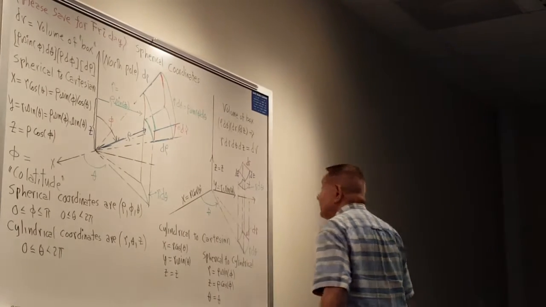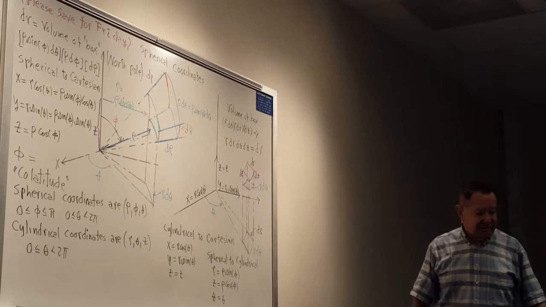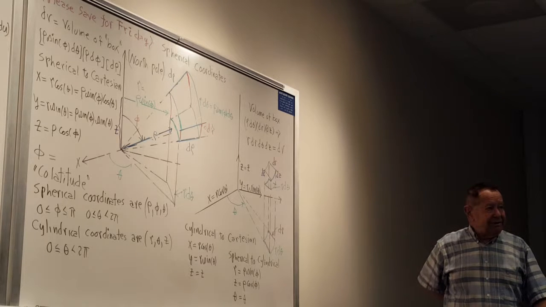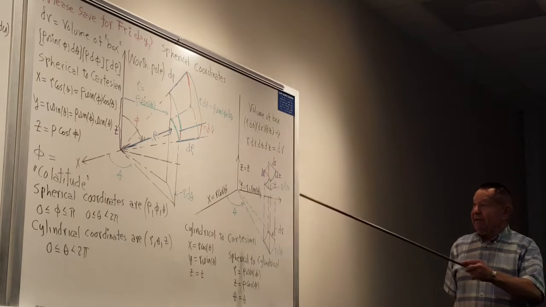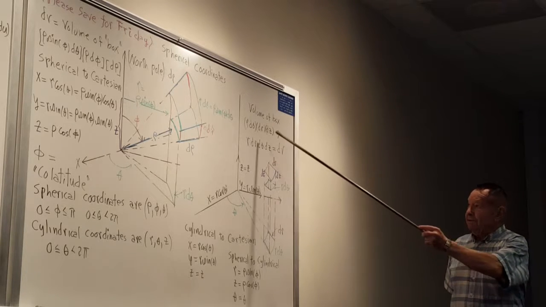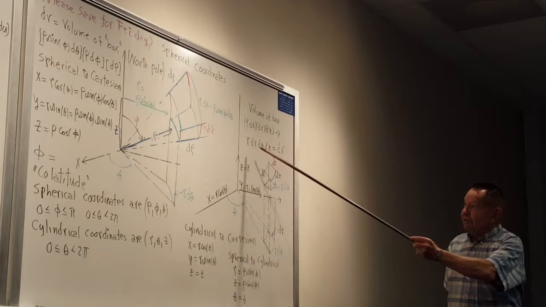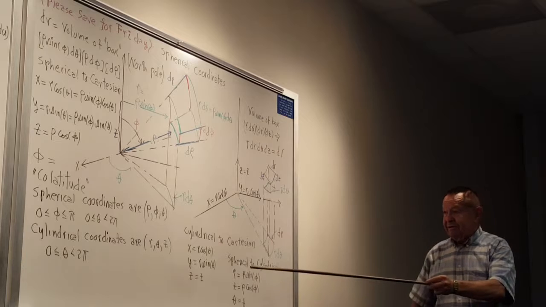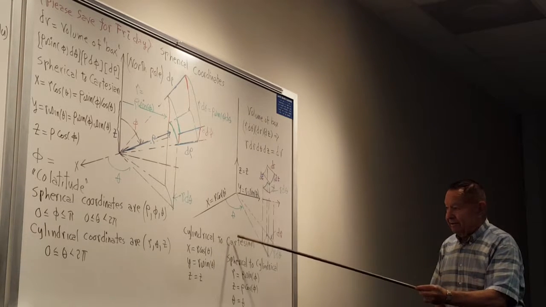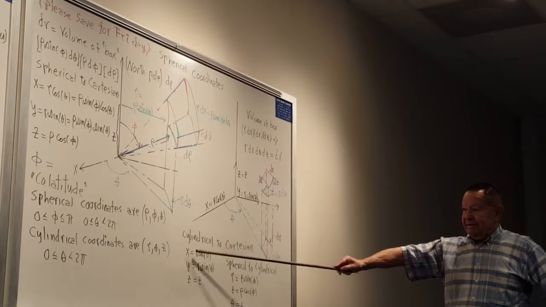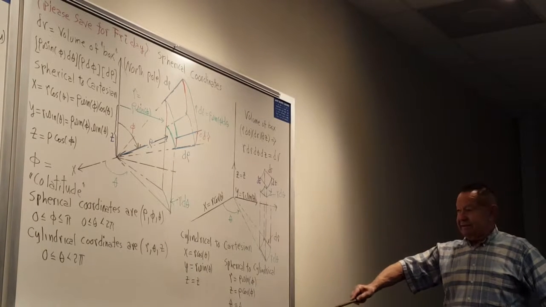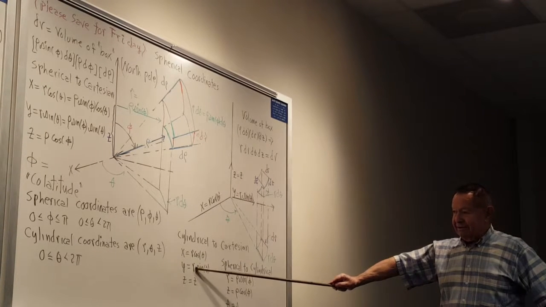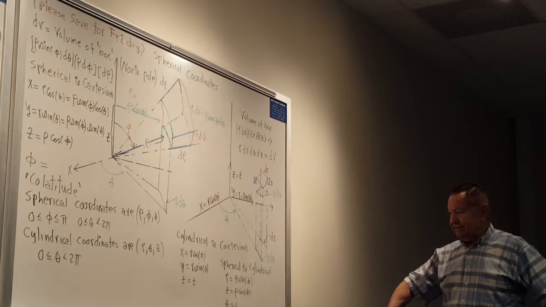We would use this as our differential volume if we're trying to do integrations in 3 dimensions and thinking of cylindrical coordinates. So our conversions, cylindrical to Cartesian, remember the x, y, z is Cartesian: r cosine theta is x, r sine theta is y, and z stays z.